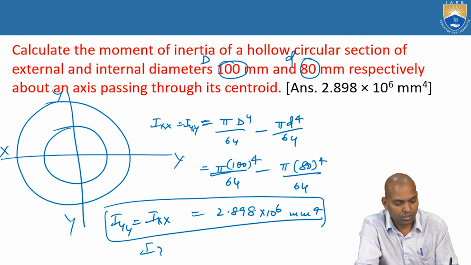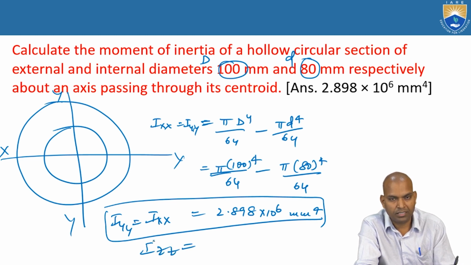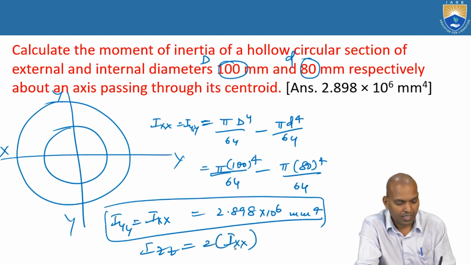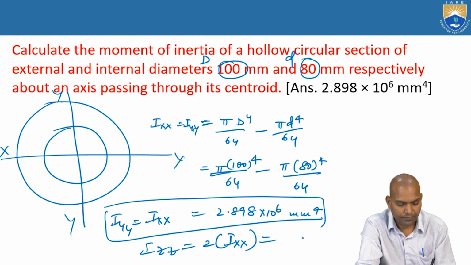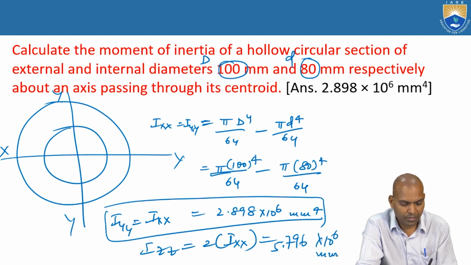IZZ by the perpendicular axis theorem is IXX plus IYY. Here they are equal, so that is 2 times IXX or 2 times IYY, which is 5.796 into 10 power 6 millimeter power 4.